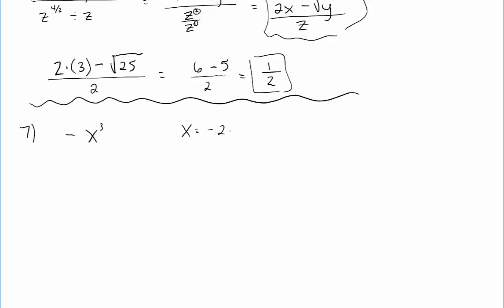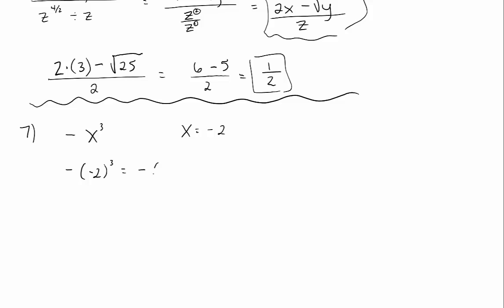Now, like I said previously, the negative is outside of the cubing, so I'm going to ignore that. I'm going to put negative, and then in parentheses I'm going to put negative 2 cubed. And so now, since they tell me x is equal to negative 2, I'm actually going to cube negative 2. And if we think about what negative 2 cubed is, it's negative 2 times negative 2, and that's 4, times negative 2, that's negative 8.